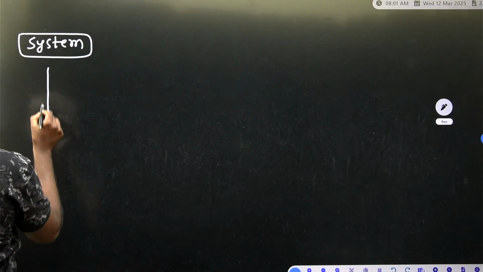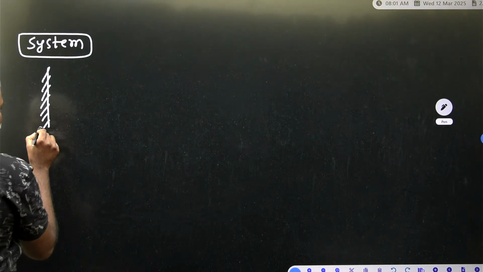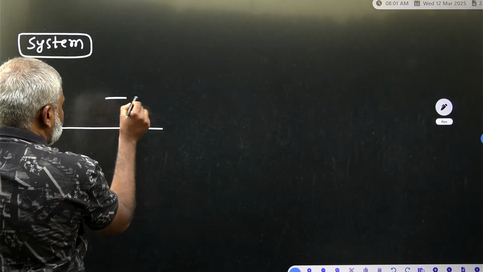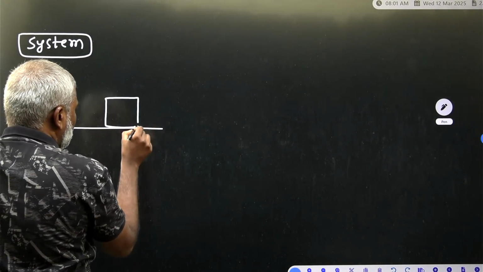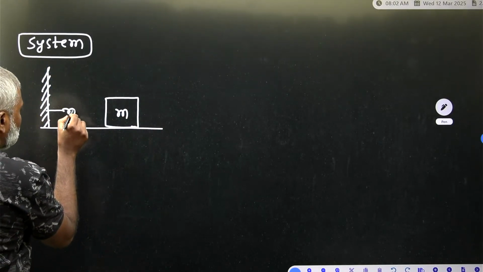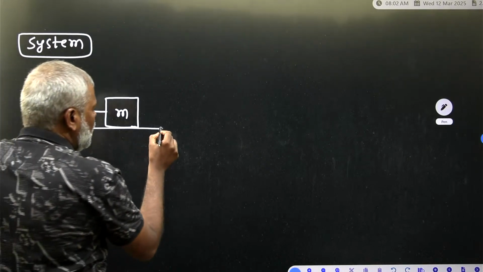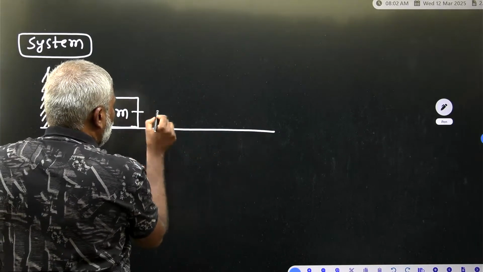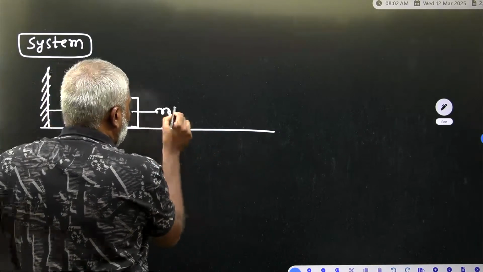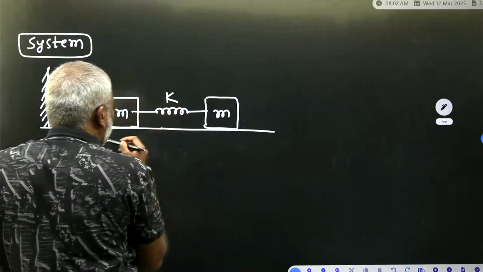Now there is a wall. For this wall, one block has mass m, attached with a spring whose spring constant is k. Now one more mass is also attached to a spring; that is the block m, with constant k.